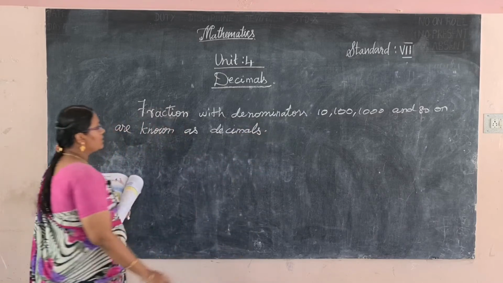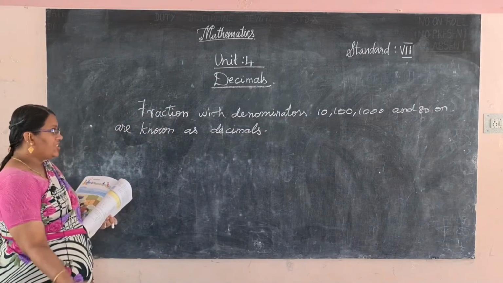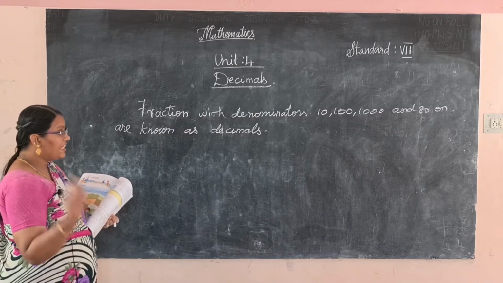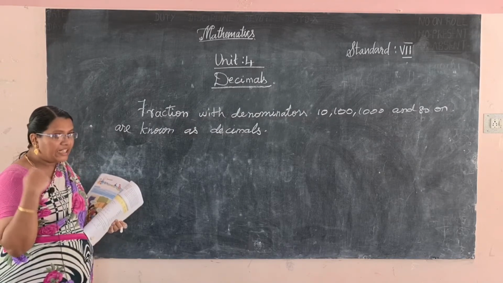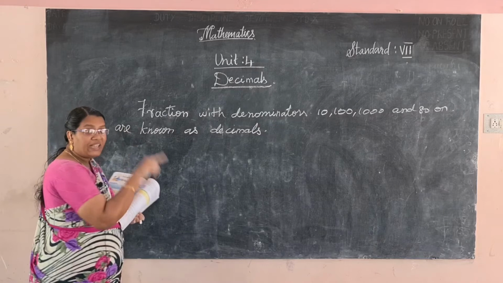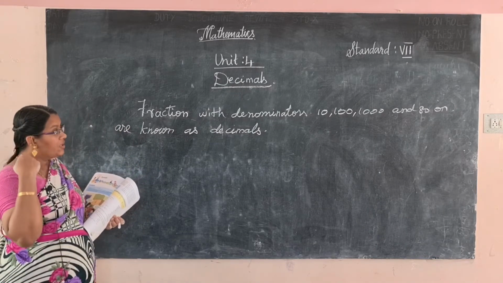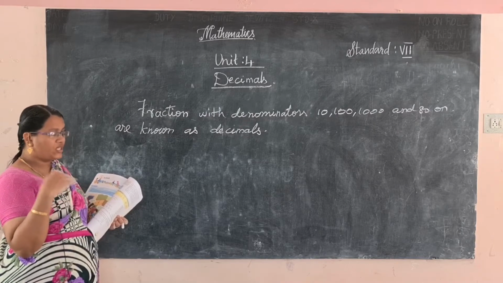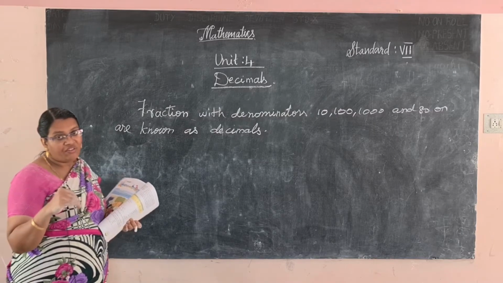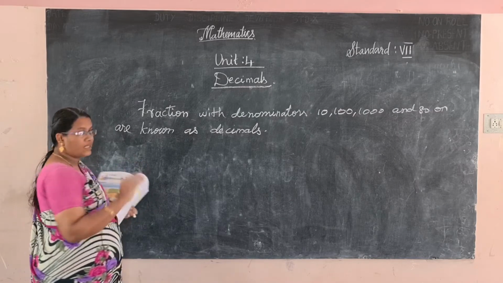Okay, so what is the meaning of decimals? A fraction with the denominator 10, 100, 1000 and so on.